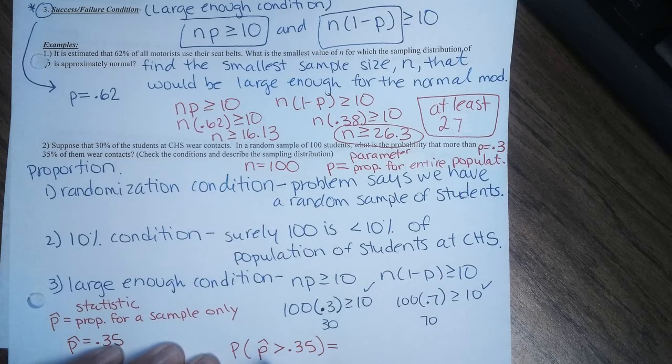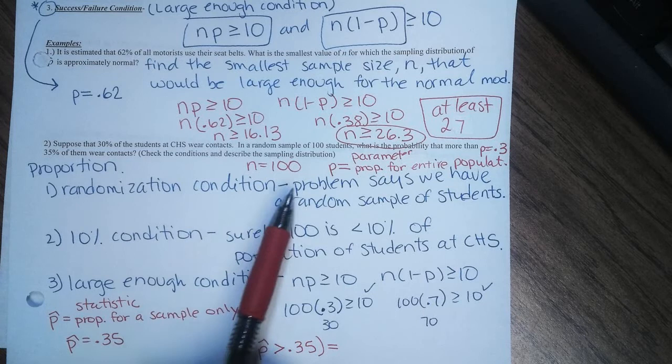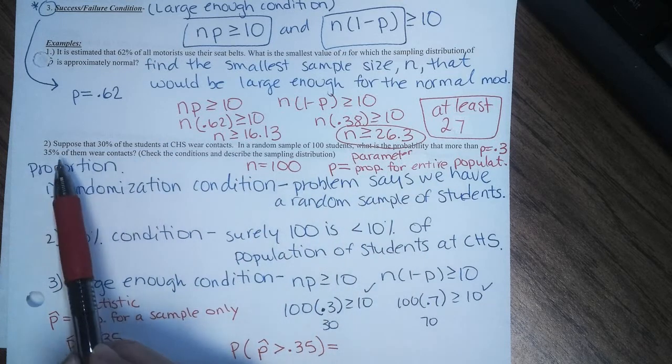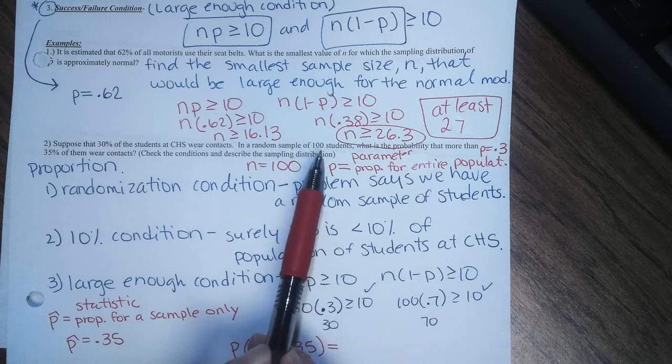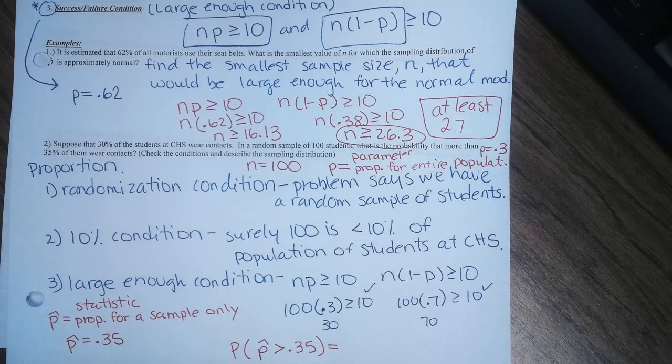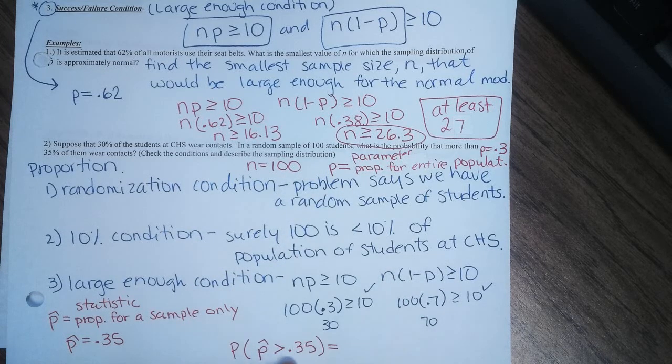And again, I'm using the P hat because you're interested in knowing what is the probability that more than 35% of the 100 students that you selected is wearing contacts. So we're doing this P hat, so that applies to my sample only, is more than 0.35.